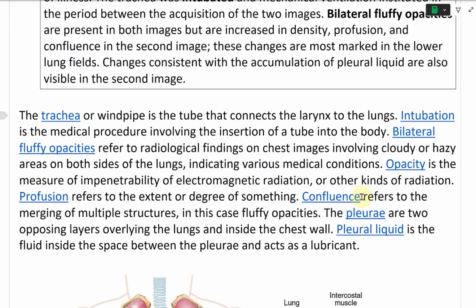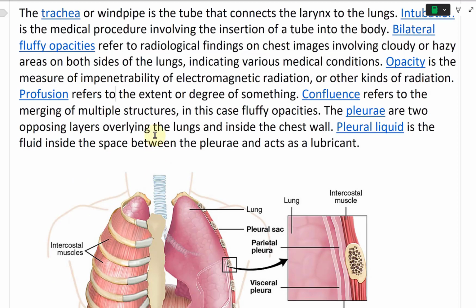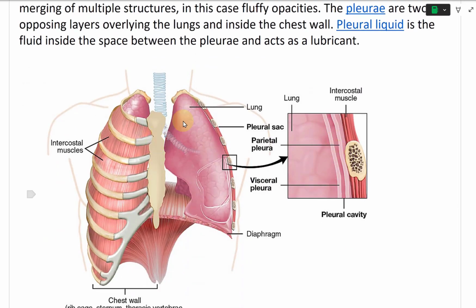And the next one is right here, the pleurae, or plural for this pleura. Yeah, I believe that's the plural for it. But anyways, the pleurae are two opposing layers overlying the lungs and inside the chest wall. And pleural liquid is the fluid inside the space between the pleurae and acts as a lubricant. So if you have the lungs here, and then you have the chest wall around it, you're going to have this double layer there.